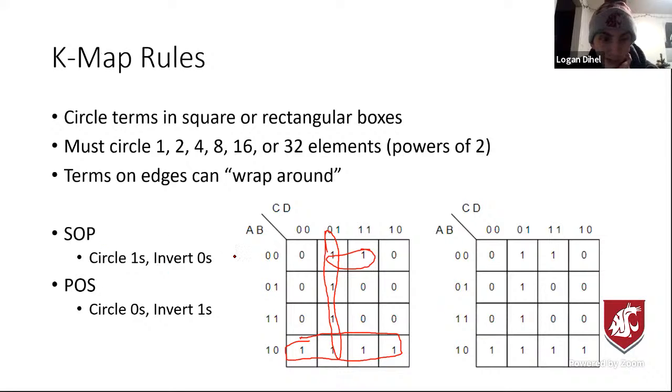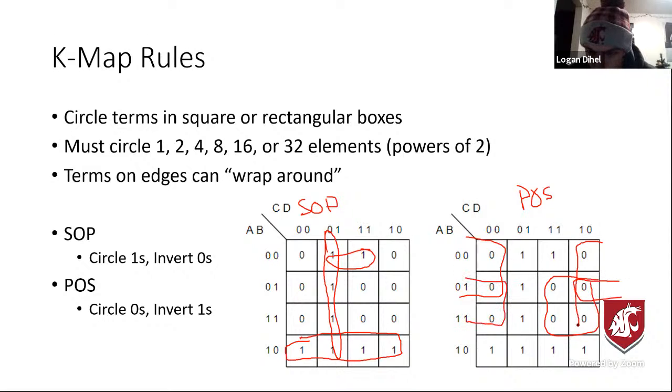For the POS, it's the total opposite. I could circle the 0s like this, one like this, and I guess also this one right here.